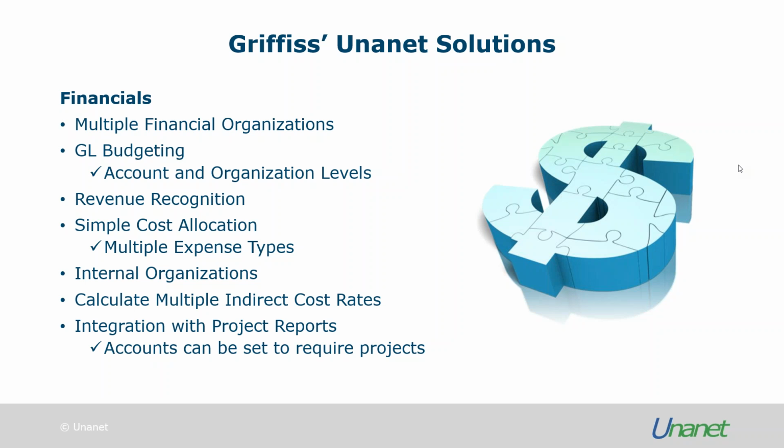Very simple cost allocation, and you can have multiple expense types within Unanet, which helps you. If you use credit cards a lot for your expenses, you can tag expense types to accounts within the system, and it allows you a lot of flexibility with how you're actually posting your expenses into your general ledger.